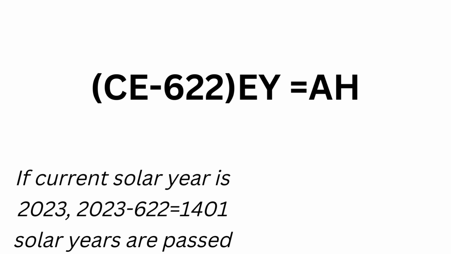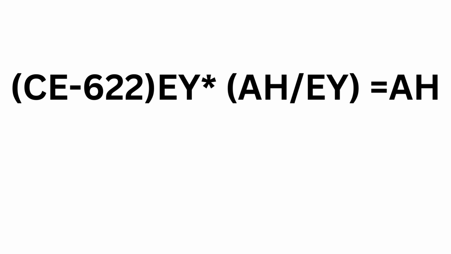To convert these Gregorian years to Islamic years, we will have to multiply it by a factor, and suppose its units are English years. To make its units Hijri years, we will multiply it by this factor, and this English year will be cancelled out and we will be left with Hijri year.